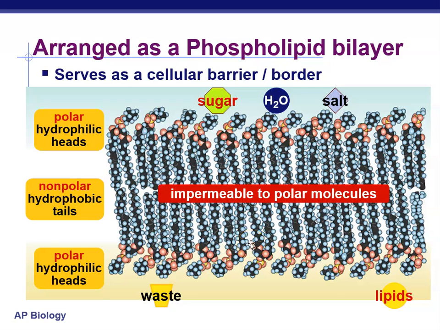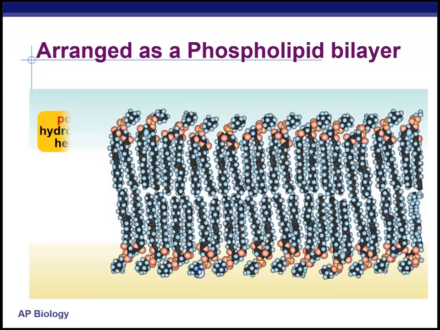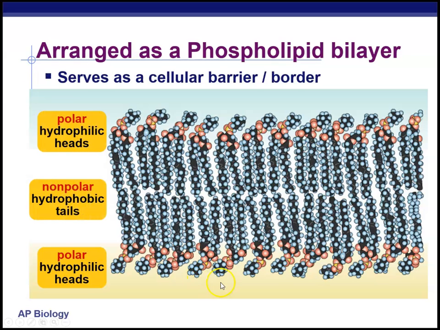Now, because of their arrangement and because of their polarity or non-polarity, different things can get in and out. It depends what they are. So this phospholipid bilayer can act as a cellular barrier, a border, to keep what's inside the cell separated from what's outside of the cell. Lipids can go through the bilayer quite easily, as we see here.